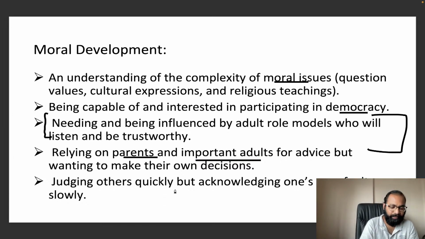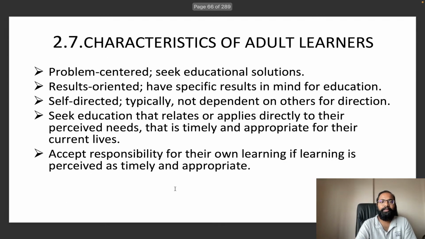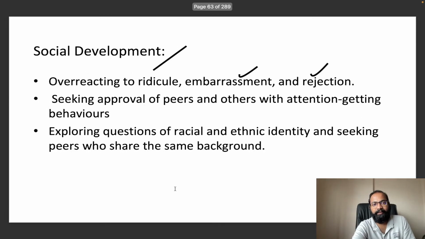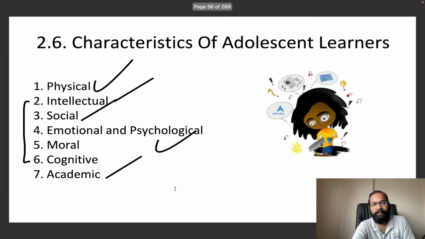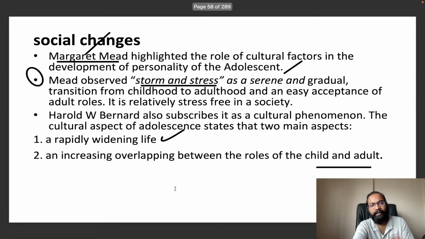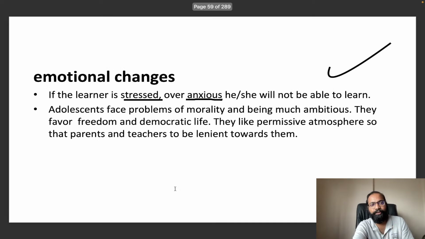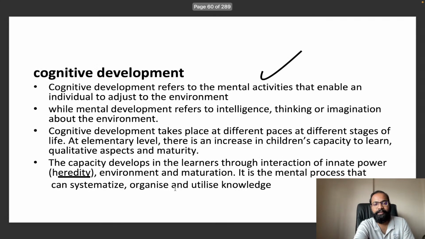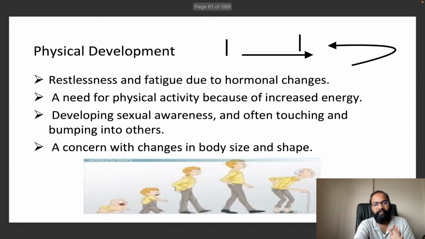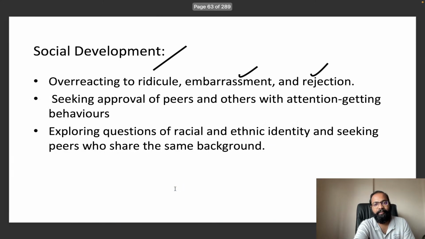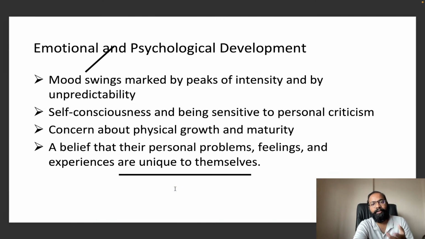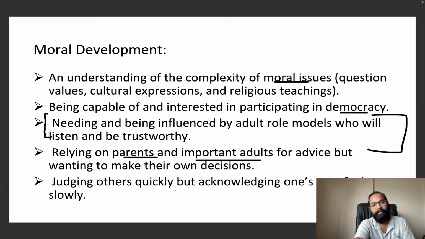So all of you are understanding this one. Next, up to now we saw the characteristics of adolescent learners with respect to academic achievements, social changes, emotional changes, cognitive development, physical development, intellectual development, social development, emotional and psychological development, as well as moral development.